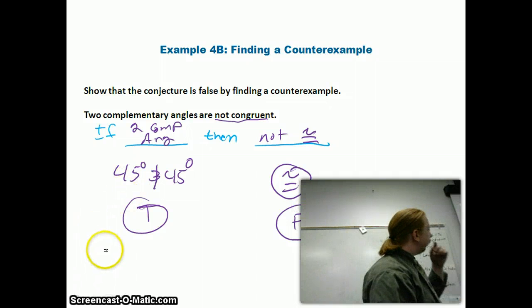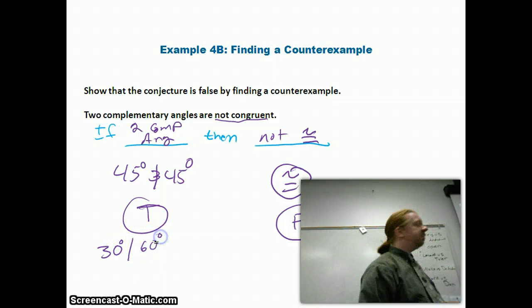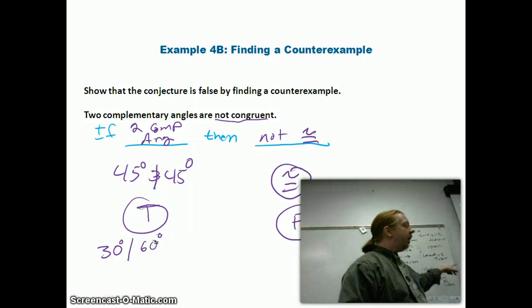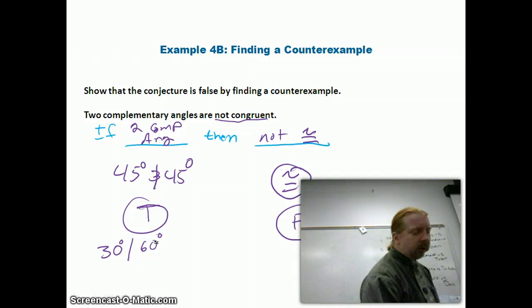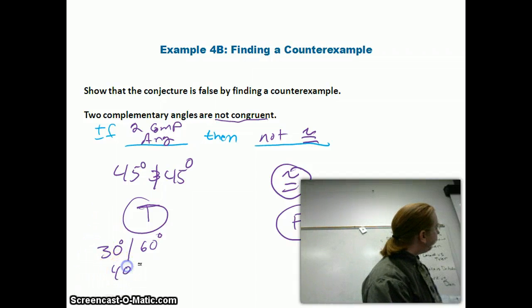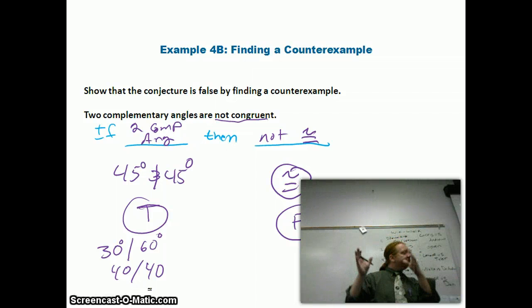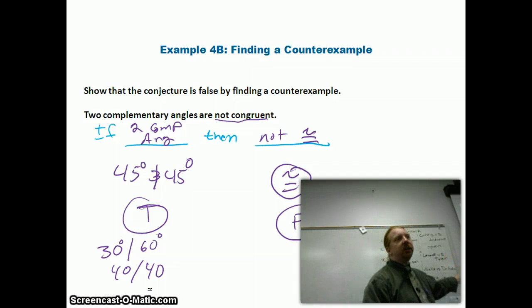As far as counterexamples go, can I use 30 and 60? They are both complementary, but does it disprove the statement? No, because they're not congruent. What about 40 and 40? No, they're not complementary, they don't meet the first part of the statement. If I want a counterexample, they have to make the if part true and the then part false, which is why 45 and 45 works, but 30 and 60, and 40 and 40 don't.